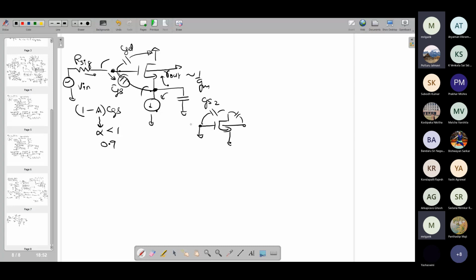So this part is a reference branch, and generally we assume that this is the AC ground. If you put a big cap over here, then it becomes more ideal, closer to AC ground. Otherwise, in reality, it does have some fluctuation. But for all simple analysis, we assume that this is AC ground.